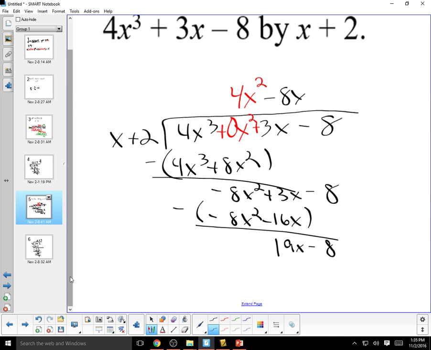These numbers are multiplied. This times this, and then times this. It's exactly what we did the first time. We're just repeating the process now. So again, what's 19x divided by x? 19. And then we multiply. So 19 times x, 19x, 19 times 2 is 38. Change the signs. And I think we get a remainder of 46.